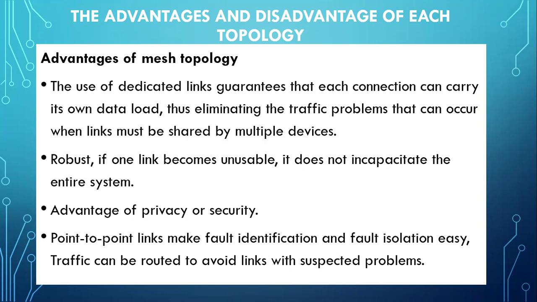The other one is that point-to-point links make fault identification and fault isolation easy. So various faults can be identified and isolated easily within this mesh topology. The traffic can be routed to avoid links with suspected problems. So these are the advantages of the mesh topology.